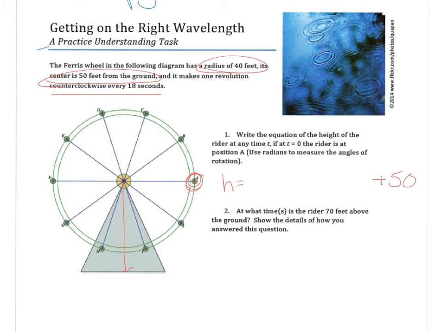So that is our vertical shift, up 50. The radius is 40. And then I need the b value from our period in radians. So if it takes 18 seconds to go one full rotation, if we divide both sides by 18, we do 1 second in pi over 9 radians.